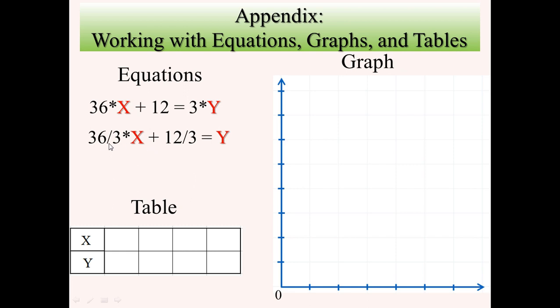So divided by 3, divided by 3, divided by 3. Because 3 divided by 3 is 1. That's why this is the real equation form or expression. This one is not easy to understand, but this one is easy to recognize as an equation. y equals 12 multiplied by x plus 4.